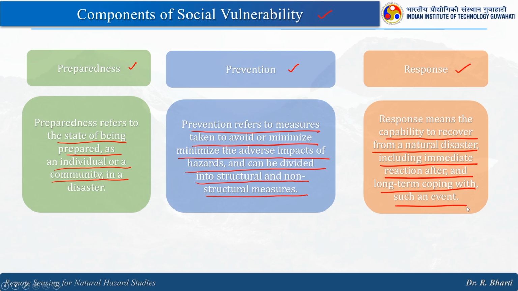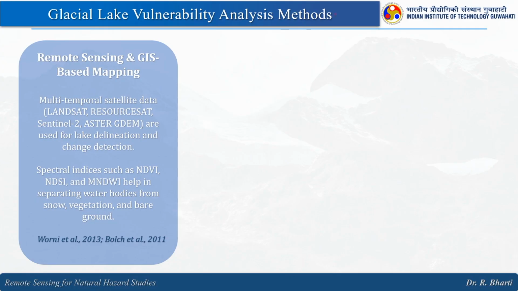So, here we are talking about preparedness, prevention and response in general, but now you can relate it to glacial lake vulnerability. When we talk about glacial lake vulnerability analysis methods, we have remote sensing and GIS-based mapping. Here, multi-temporal satellite data are used for lake delineation and change detection, and many other techniques like classification and NDVI can be used to precisely mark the boundaries of the glacial lake.